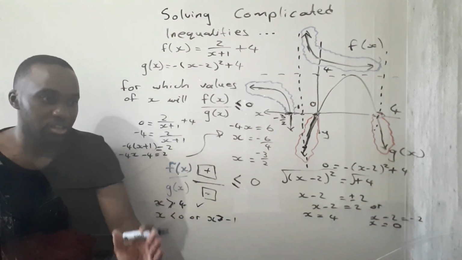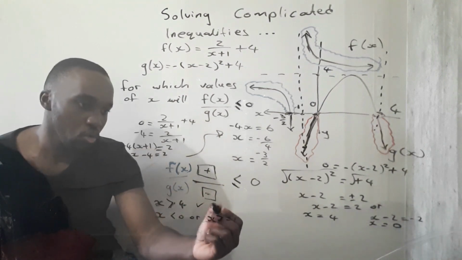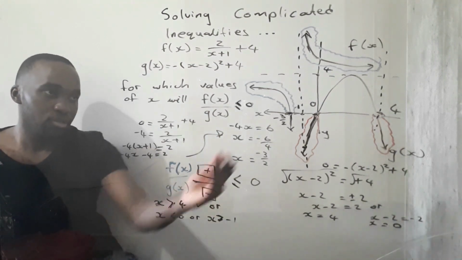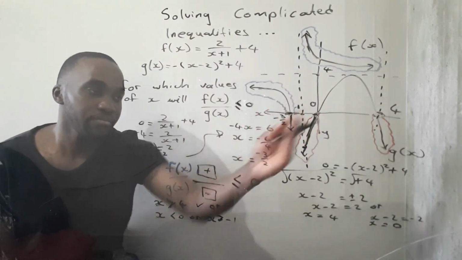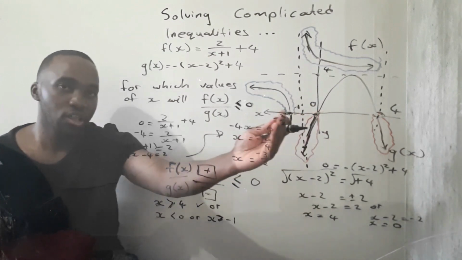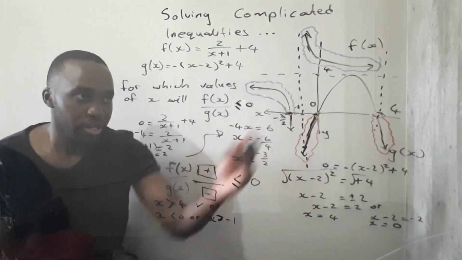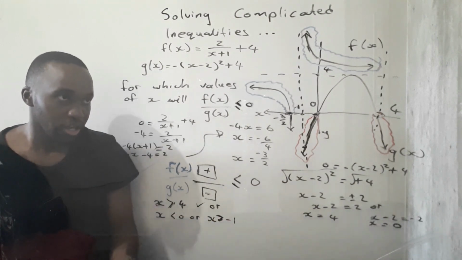So far, these are our three portions of our answer. X needs to be bigger than 4, or x needs to be smaller than 0, or x needs to be bigger than negative 1. And here, x needs to be smaller than 0, or x needs to be bigger than negative 1, without including the 0 and without including the negative 1.